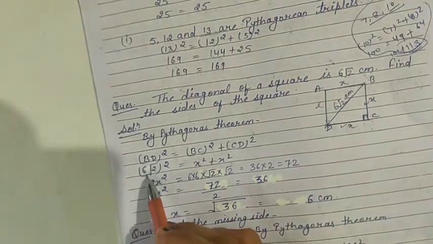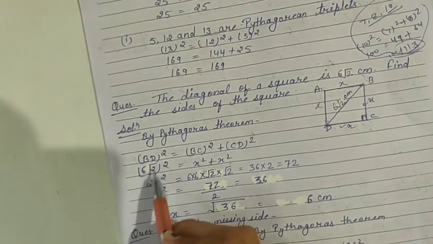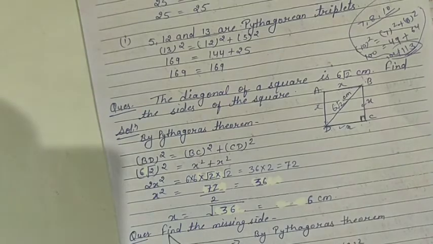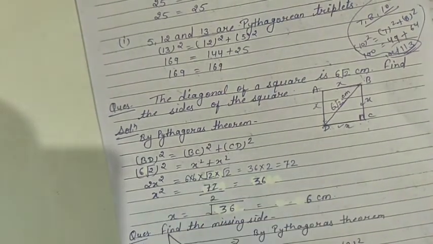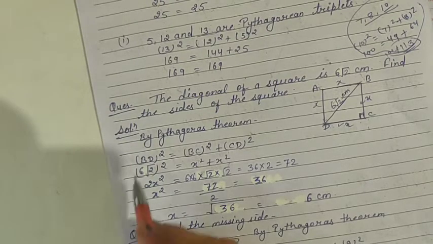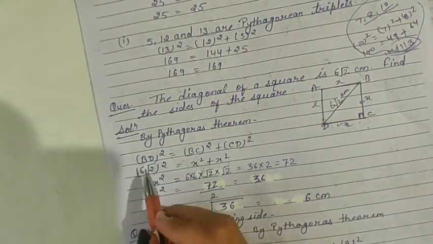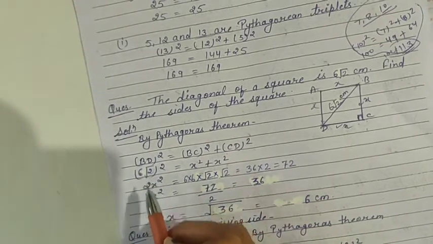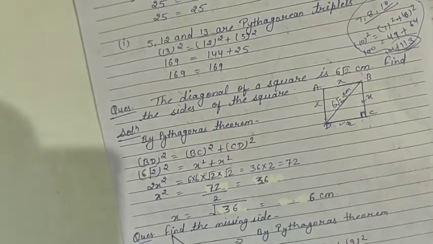So BD is equal to 6 root 2. So the square of 6 root 2 is equal to x square plus x square. Okay. So x square plus x square is equal to 2x square, and we need the square of 6 root 2. The square of 6 is 36. And the square of root 2: root 2 into root 2 is equal to 2.